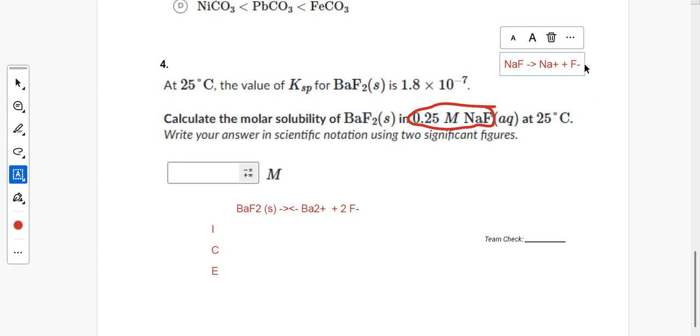Those fluorine ions would then contribute to the other reaction taking place, the other equilibrium, because they're ions. They would be added wherever that's at in the equilibrium, which in this case is in the products. And I'm going to indicate that as I fill out my ICE table here.